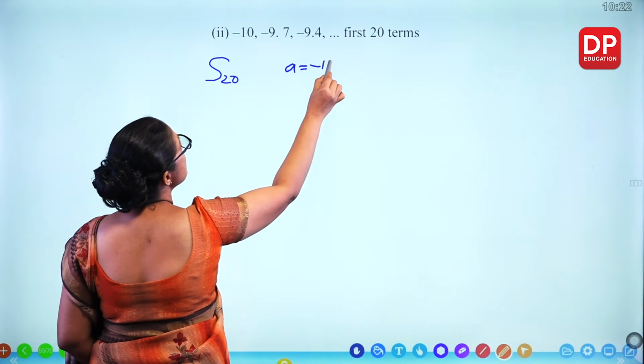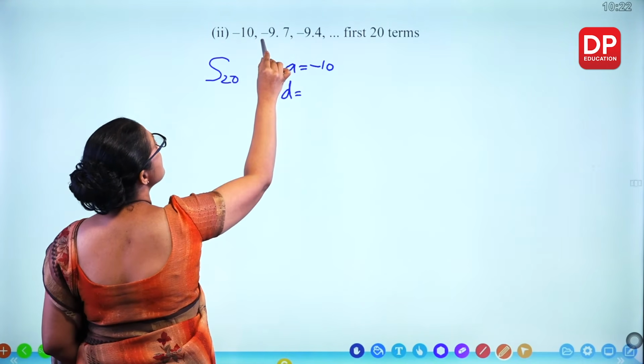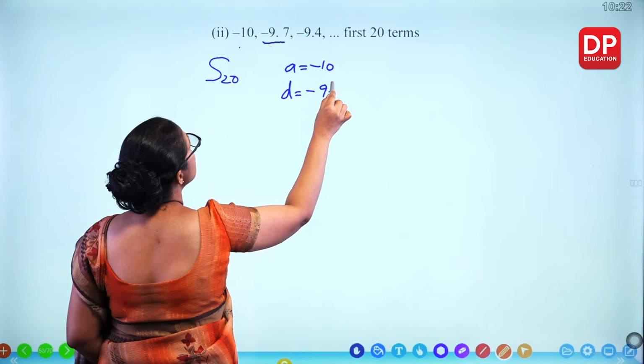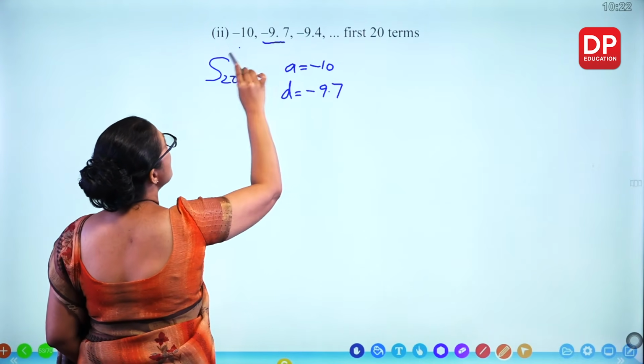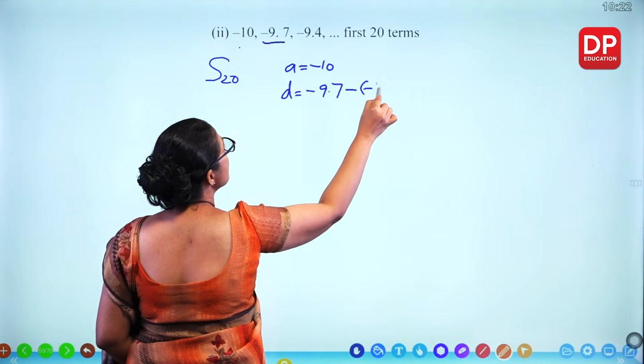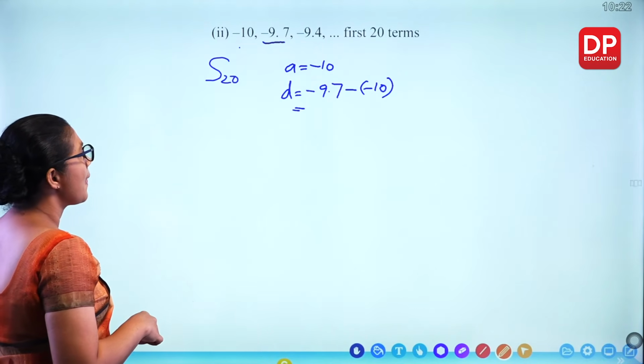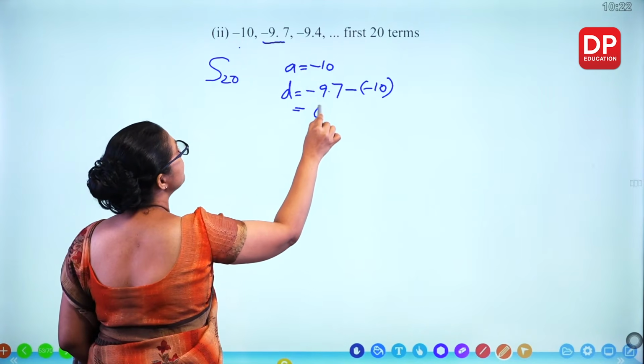A equals minus 10. Difference is this value minus this: minus 9.7 minus minus 10. That means 10 minus 9.7, you get 0.3.